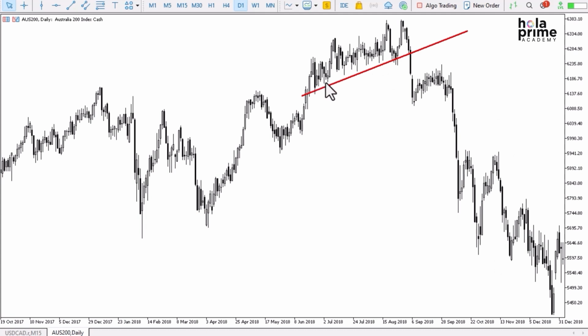The typical trader would have bought each dip along the way of this trend line and left it at that. And while that certainly did work for quite some time for short-term traders, the astute trader would have recognized that something changed. And at that point in time, this pattern, or in this case, more or less this uptrend line, had been broken significantly. And we saw the ASX 200 plunge roughly 800 points over the next several months.